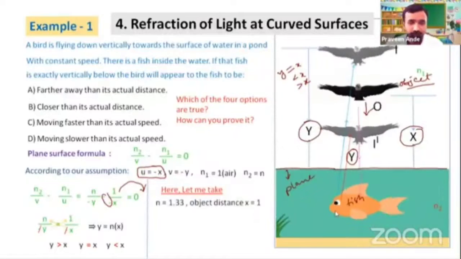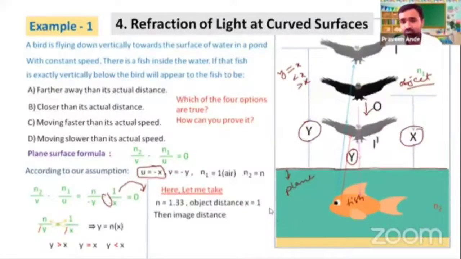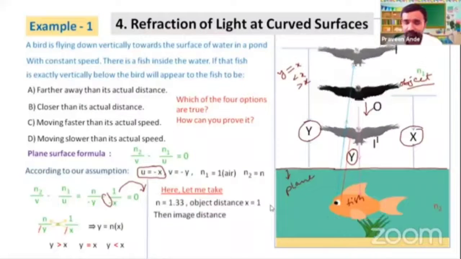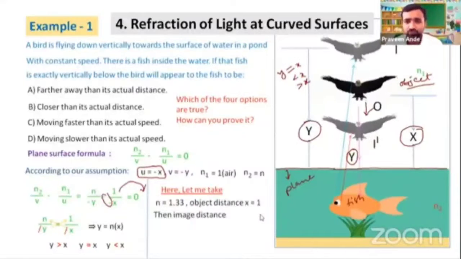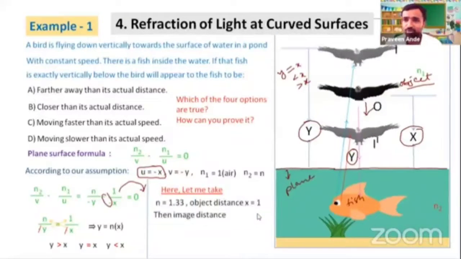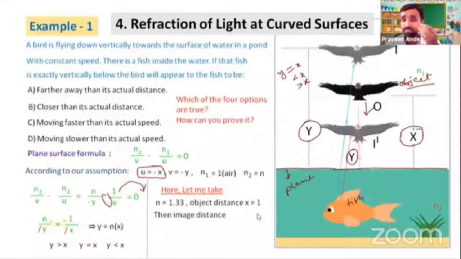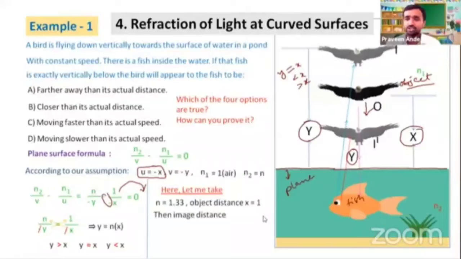So here we know it is pond water. That water's refractive index is 1.33. Then the object distance, suppose let me take x equal to 1, in meters or kilometers or centimeters, whatever it may be. Just a unit value I am assigning to the object distance.